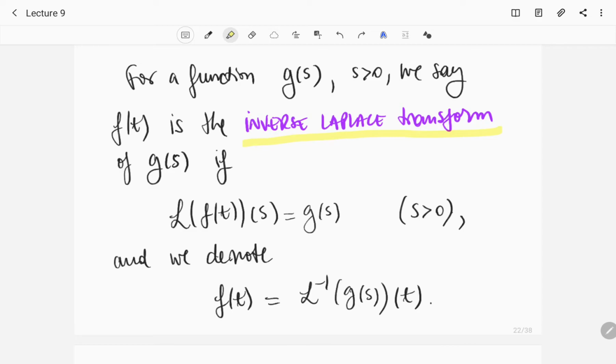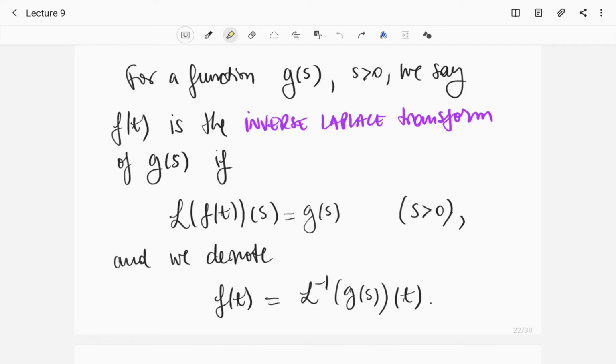First difference, notice that here we are not given an explicit formula of how to compute this inverse transform. We will see with examples how we can handle the functions that are involved in this course, in the exercises that you have to do on Thursday, in the exam or in assignments. So we are going to see a couple of tools. An explicit formula can be given, but we are not going to give it in this course.